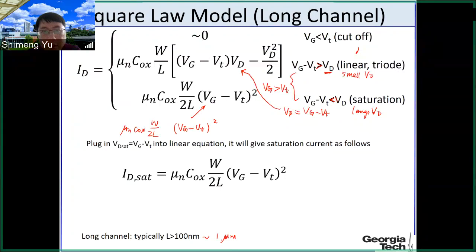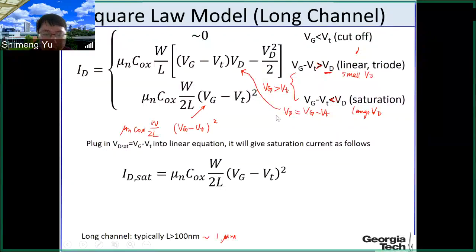But that is a very old technology. Micrometer is like 30-40 years ago. Today's transistor L is only like 20 nanometers or below. But in this course, we are going to only look at the long channel devices quantitatively using those equations here.